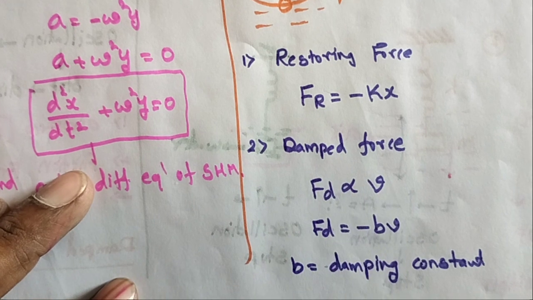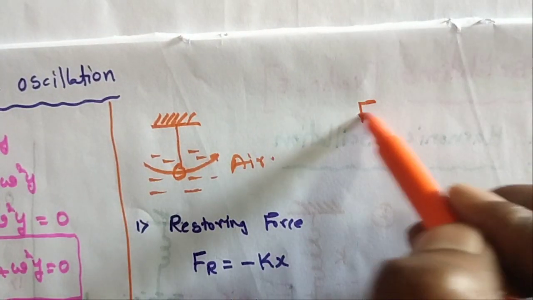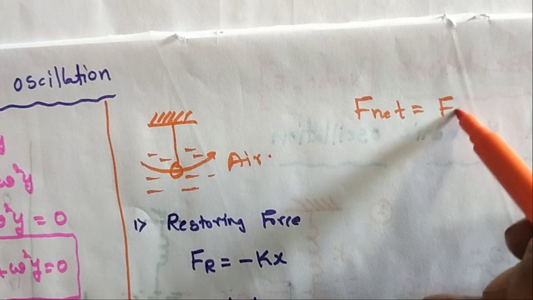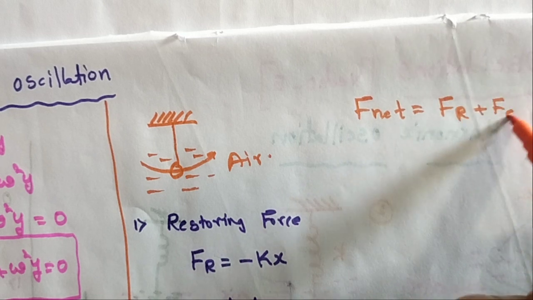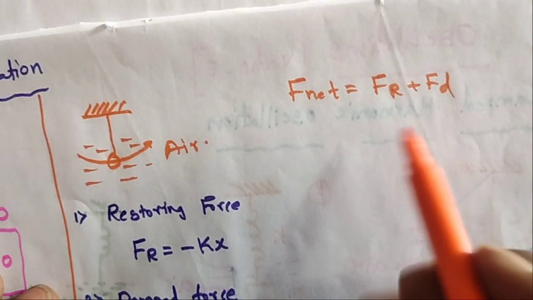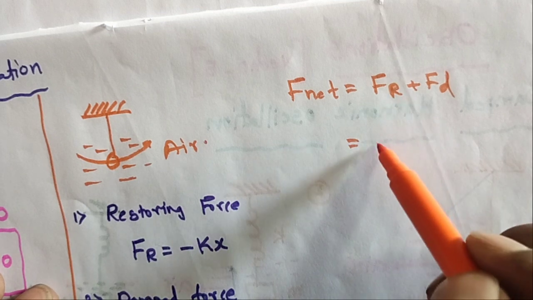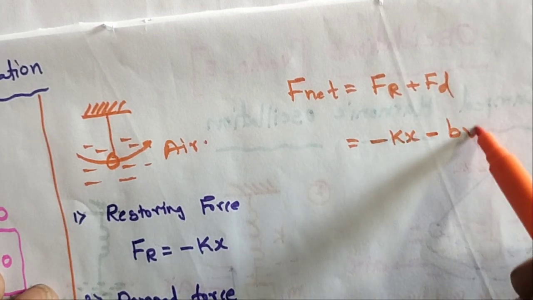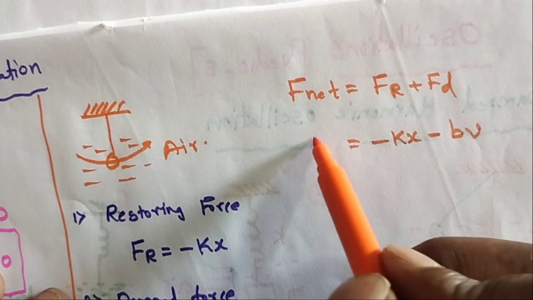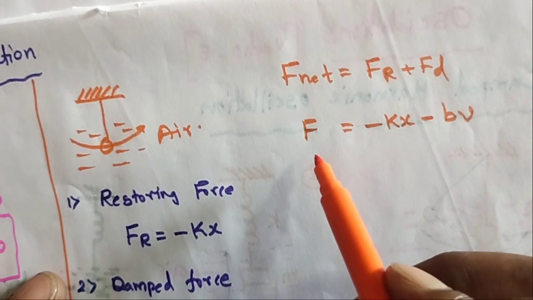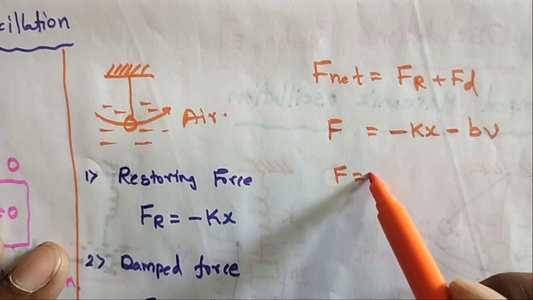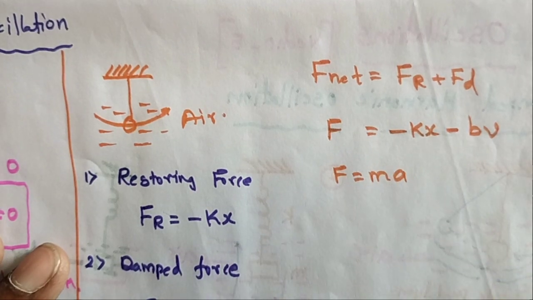So what is the total force? The net force F is equal to the restoring force plus the damping force. Fr means minus kx, Fd means minus bv. From Newton's second law, F is equal to mass into acceleration.